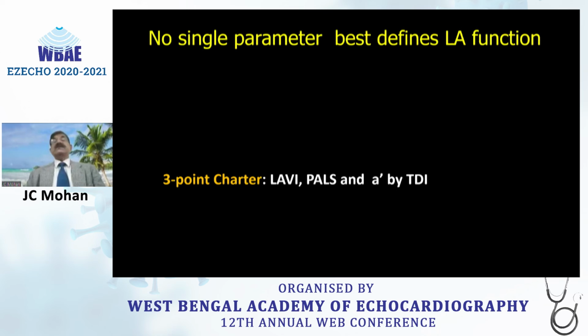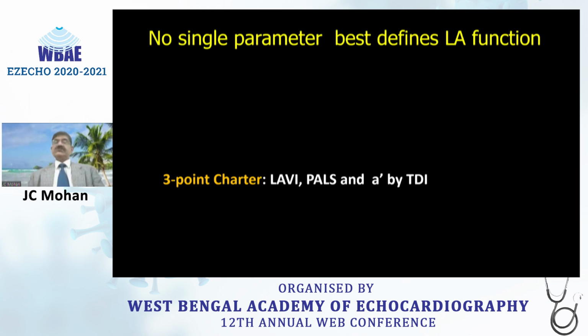So, ladies and gentlemen, to summarize, it is important to study left atrial function in heart failure. There is no single parameter that best defines left atrial function, but I suggest a combination of 3 parameters: left atrial volume index, ideally by 3D, if not by 2D biplane area length or Simpson method; the left atrial reservoir strain; and of course A prime by tissue Doppler.